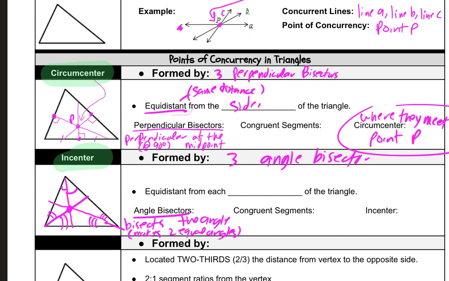So the incenter is created by angle bisectors. The critical thing is this one's equidistant from each side of the angle. Remember, the vertices are the corners. So that's the incenter, created by those angle bisectors.